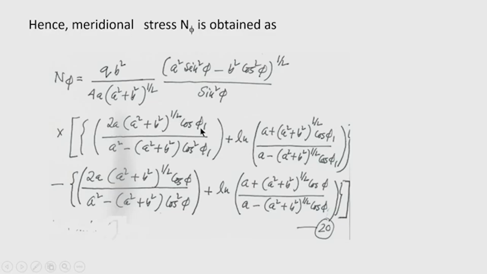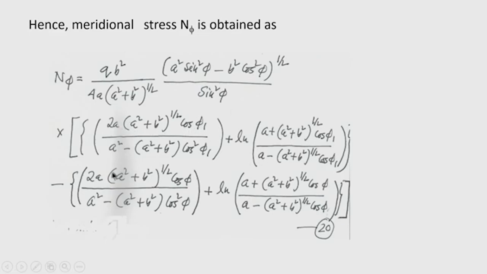Phi 1 is the angle which is defining the top free edge of the shell, then divided by (a square minus (a square plus b square) into cos square phi 1), bracket closed, plus natural logarithm of (a plus (a square plus b square) to the power half cos phi 1) divided by (a minus (a square plus b square) to the power half cos phi 1), where cos phi 1 is a known quantity because the boundaries of the shell are prescribed. So, we can find the phi 1.